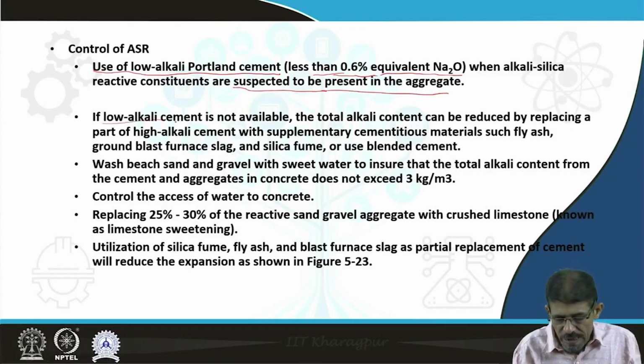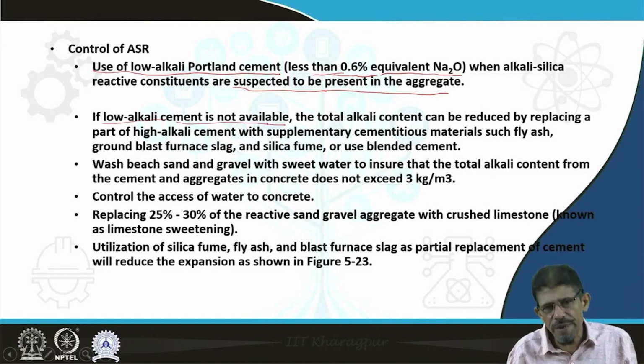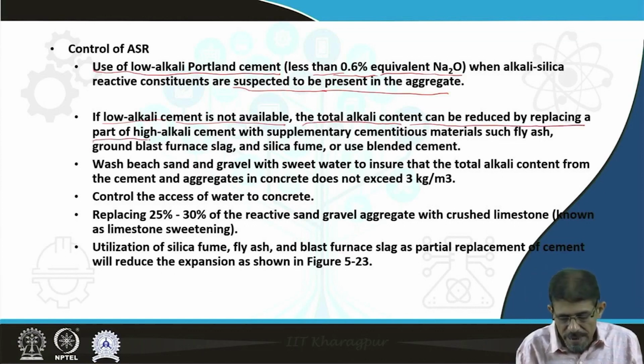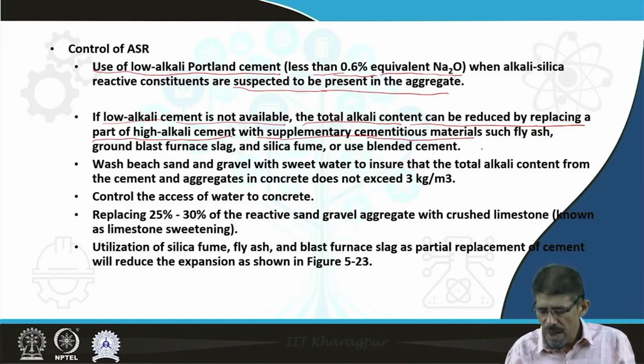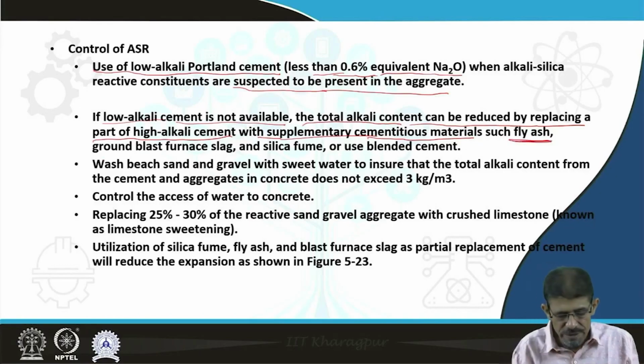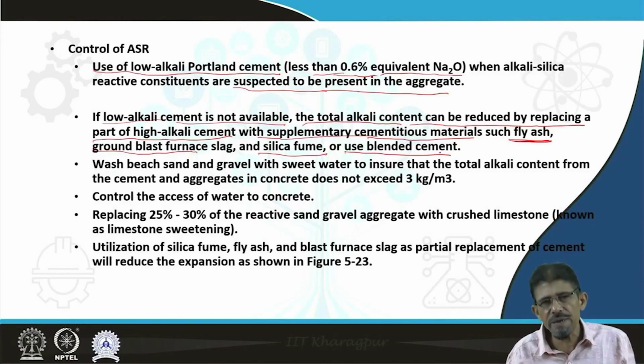If low alkali cement is not available, the total alkali content can be reduced by replacing a part of high alkali cement with supplementary cementitious material, as we have already discussed. Addition of pozzolan is going to help, and as pozzolan we use industrial pozzolan like fly ash, ground blast furnace slag or silica fume, or use blended cement, etc.